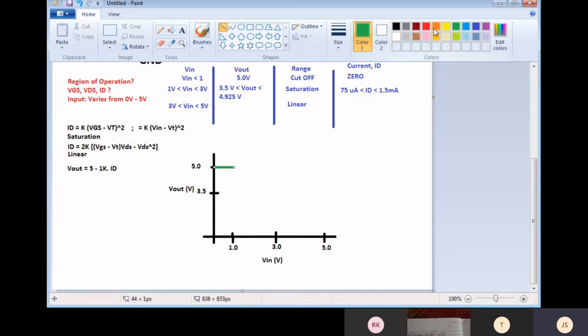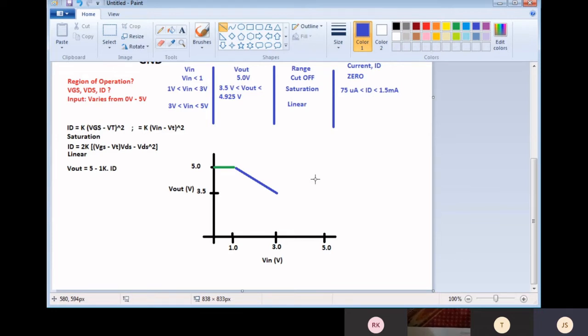In this range, let me assume it is a straight line. Okay, so this is the third one.